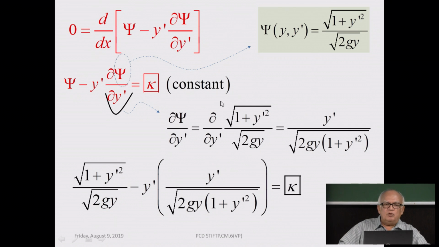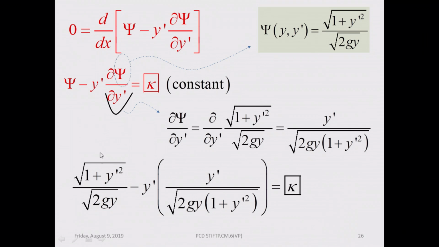So what does it give you? So you've got psi minus, what is psi? Psi is this quantity, so that comes over here, minus y prime, which is this, and then you have del psi by del y prime, which is this, and this must be equal to this constant, which is kappa.